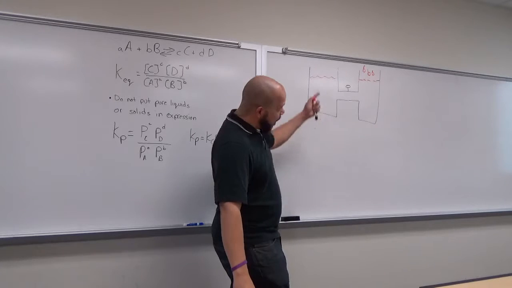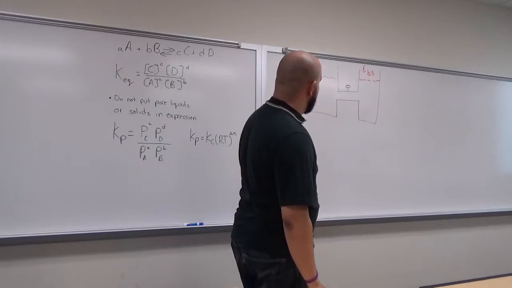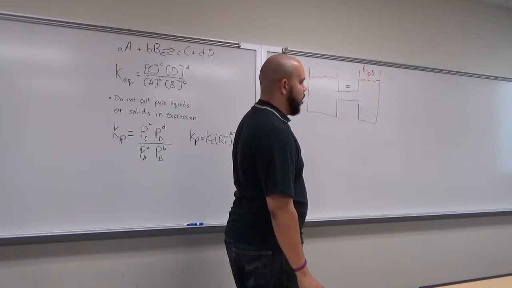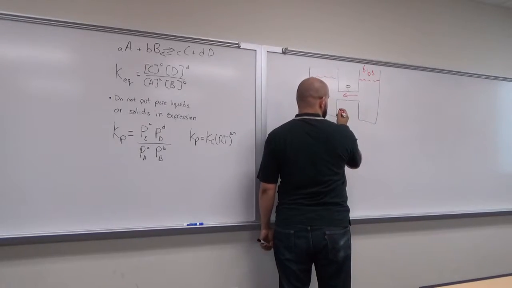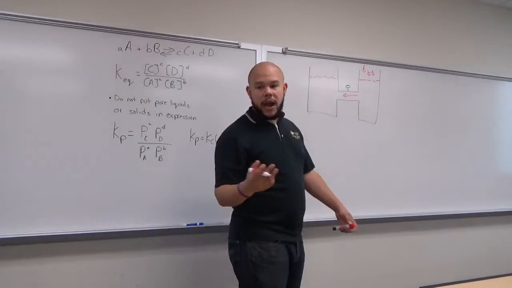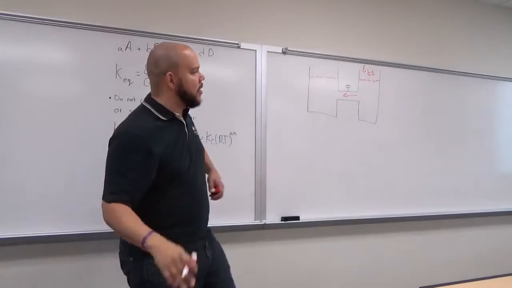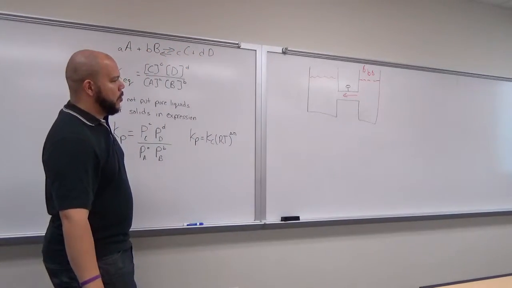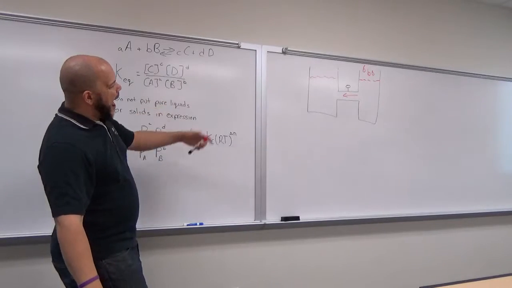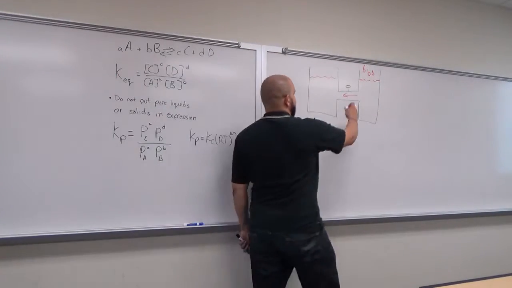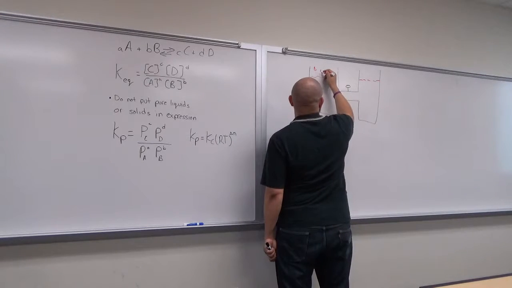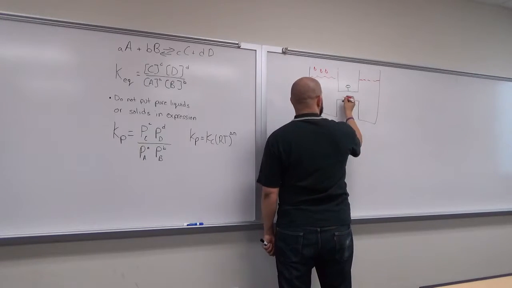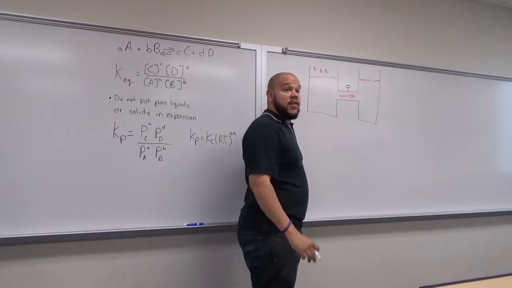Okay, so if we add volume to that side, then what is going to occur? Flow which way? To the left. We're going to get a small amount of flow to the left to equal it out, to balance. That's why he used the word balance with equilibrium. If we add some to the right, then we get a shift to the left. Simple enough, right?